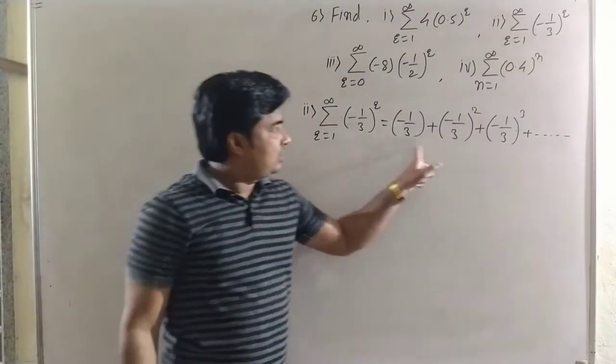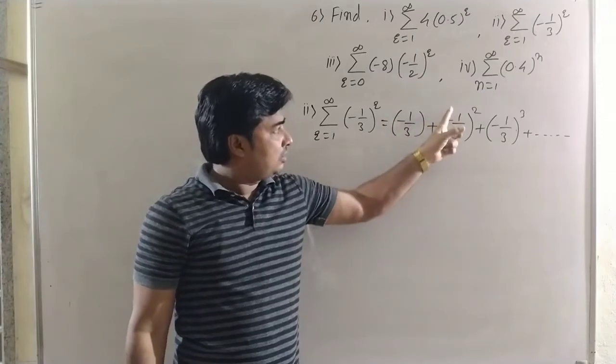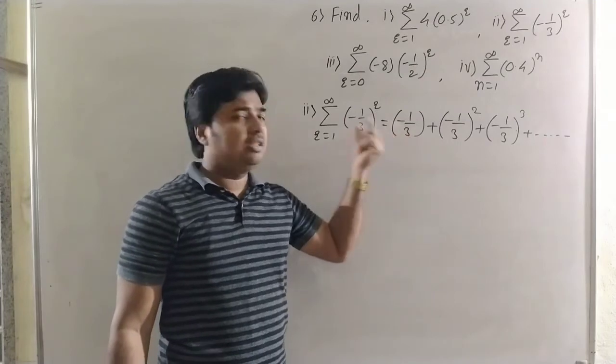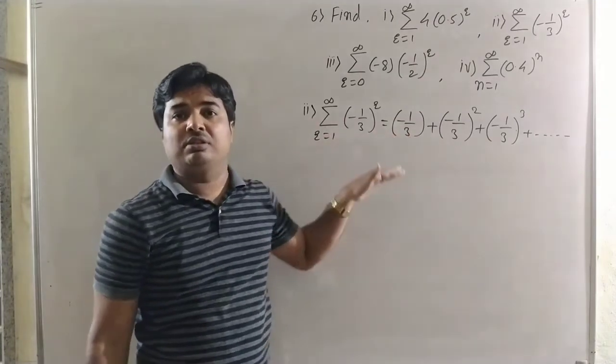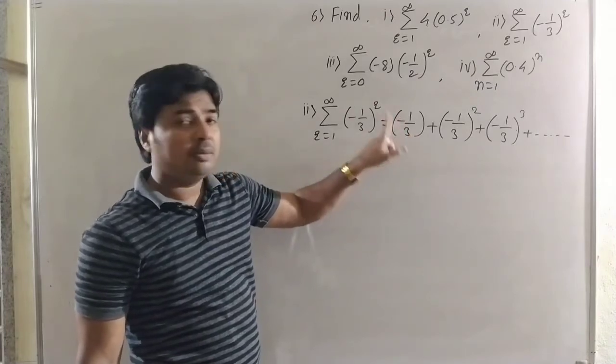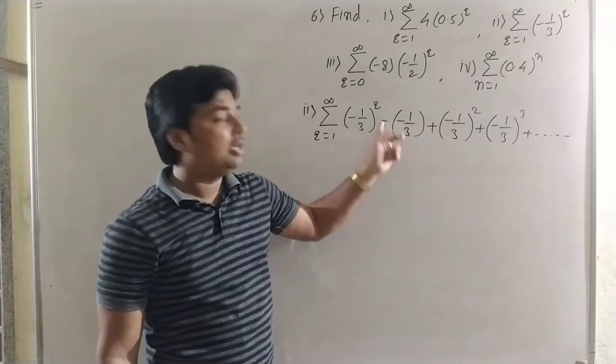We can write this series in the form of a sequence, and this sequence is a geometric progression with first term minus 1 by 3 and common ratio again minus 1 by 3.